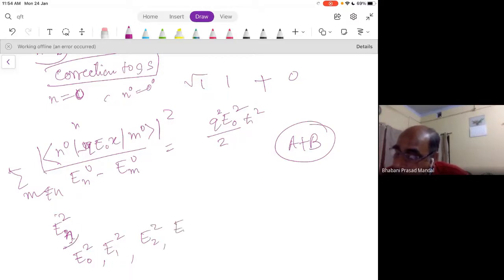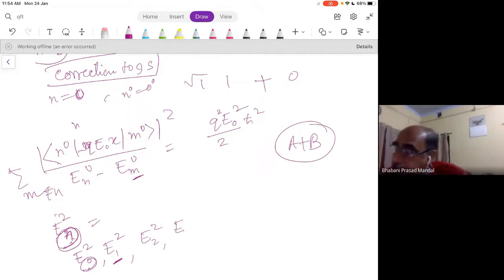This n value is in your hand, I wrote n. The m values are summed and can be 0 to infinity, any value except n. So if n is zero, m cannot be 0. If it is the first state, then m cannot be 1, and that is the infinite series.